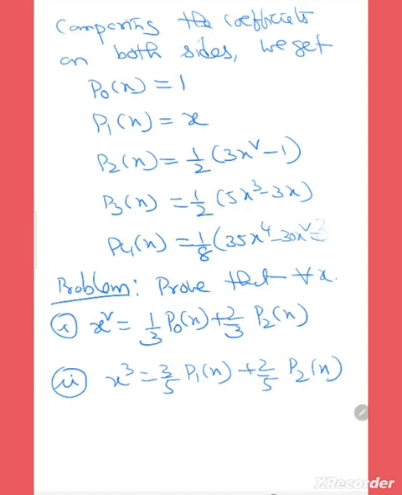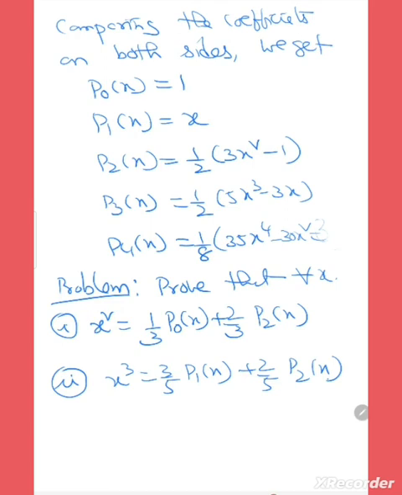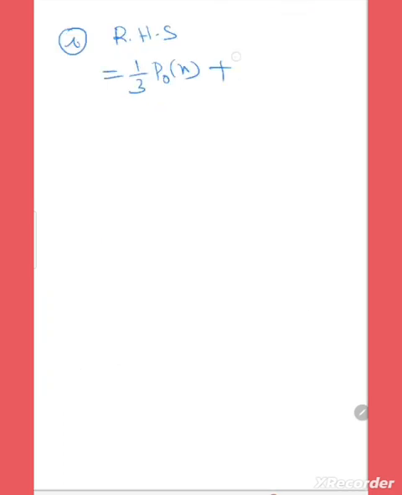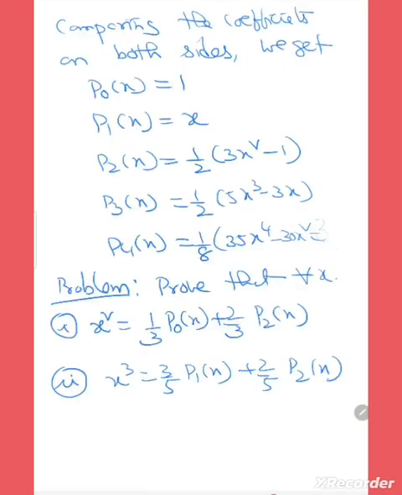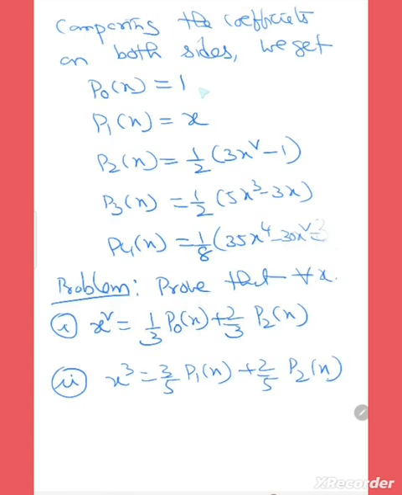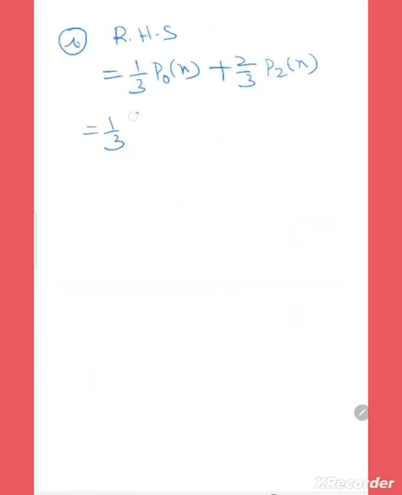First one, what is the RHS value? RHS is equal to 1/3 p0 of x plus 2/3 p2 of x. So this is equal to 1/3 into 1, since p0 of x is 1, plus 2/3 into p2 of x.